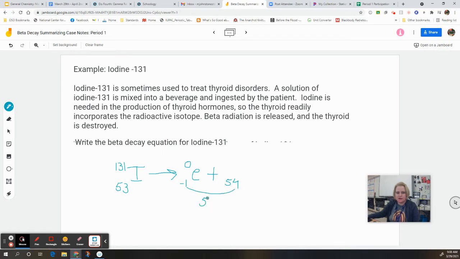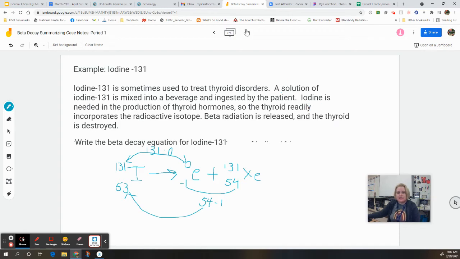It's kind of like looking at a math equation backwards. And I can do the same thing with my mass, except I know that the mass number doesn't change with beta decay. Last step is I look up on my periodic table what the symbol is for element 54, and I find that that's xenon. And this is the example of how to write a beta decay equation.